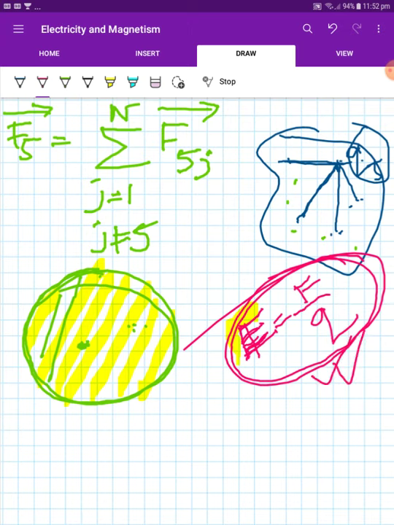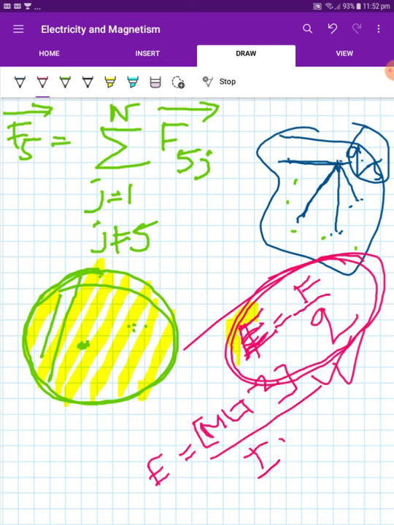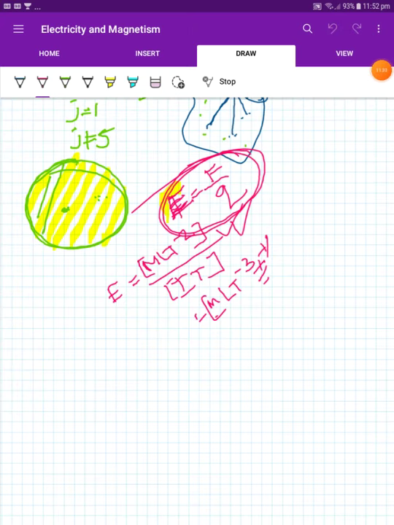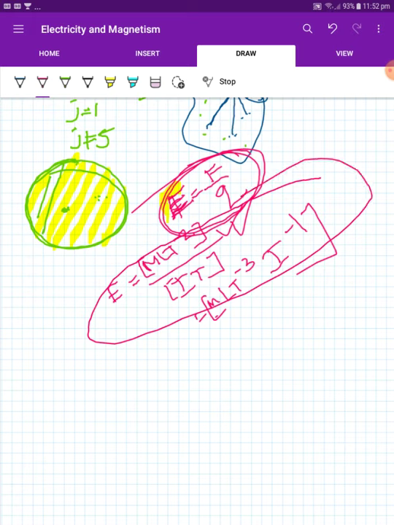From this formula we can get the dimension of E: M L T to the power minus 2 divided by I T, which gives M L T to the power minus 3 I to the power minus 1. This is the dimension of the electric field.